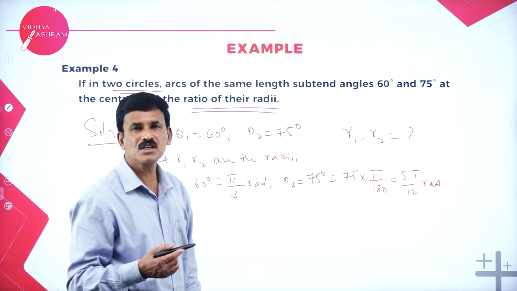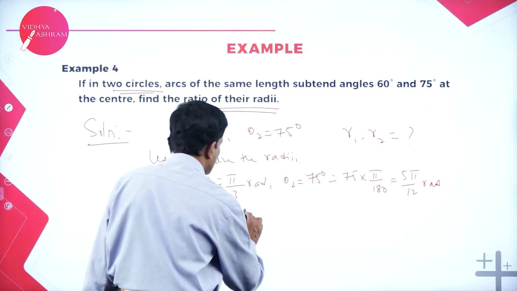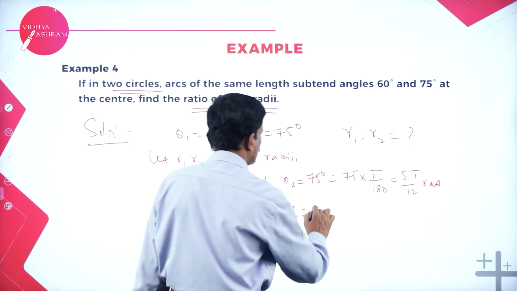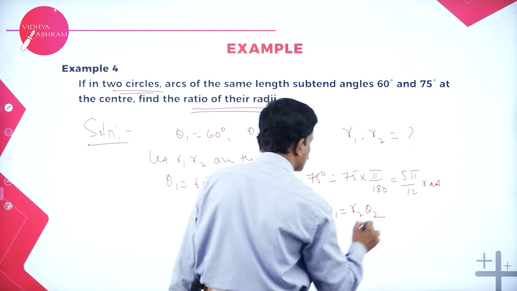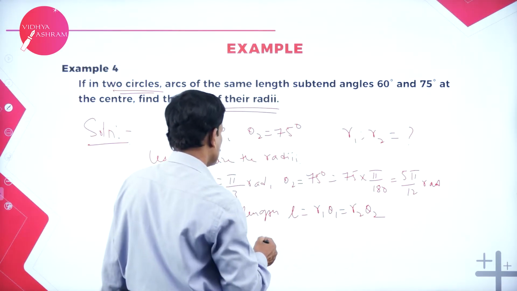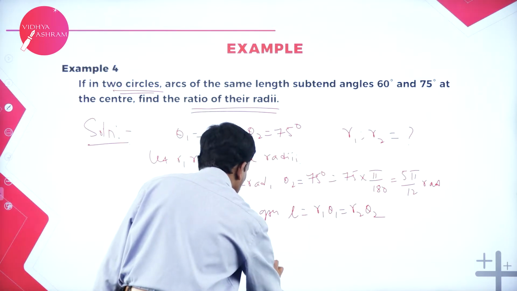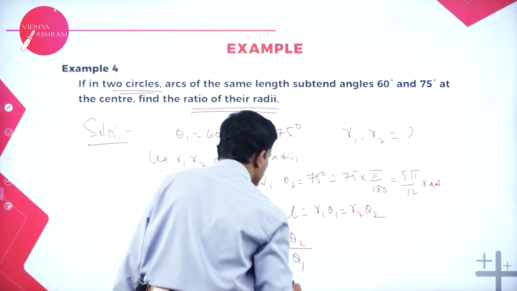Suppose L is the length of each arc, or S is the length of each arc. Then L is equal to R1 into theta 1, which is equal to R2 into theta 2. This is given. So what is required is R1 divided by R2, which is equal to theta 2 divided by theta 1.